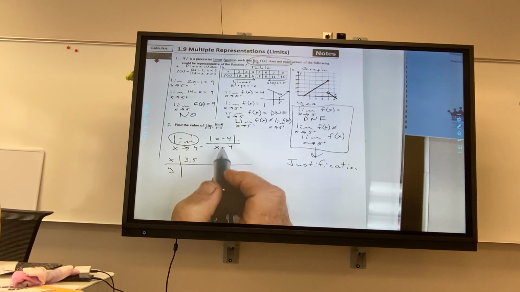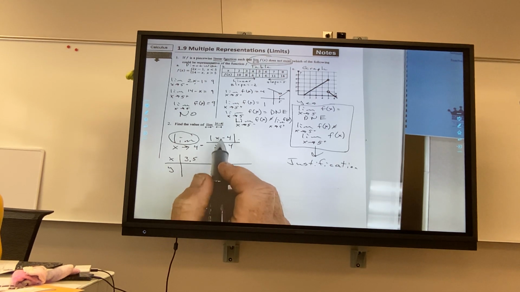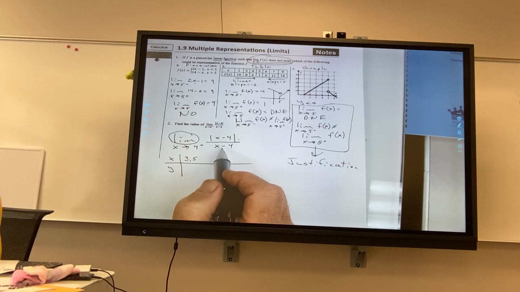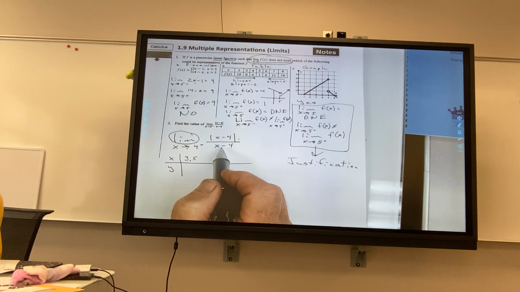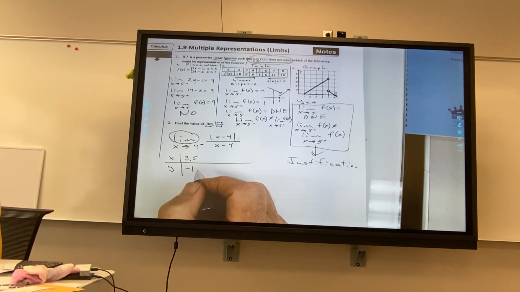What do I get on the bottom? Negative 0.5. 0.5 divided by a negative 0.5 is a negative 1. Is that what you're telling me? Yes. Okay, very good. Would everybody agree?